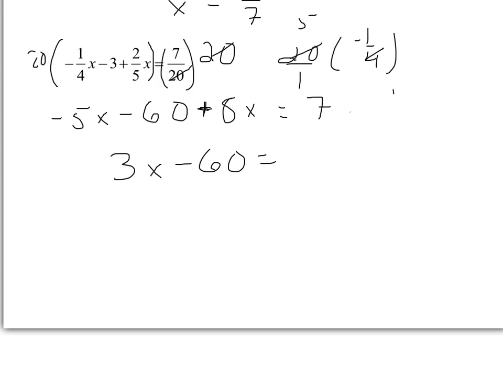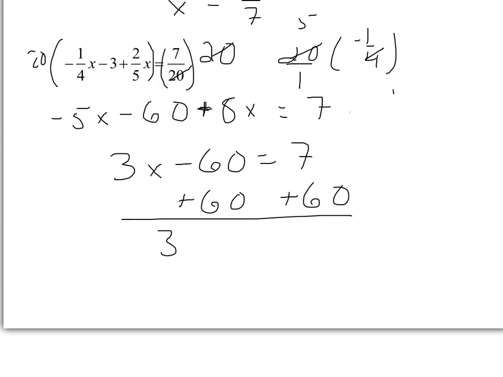Minus 60 equals 7. I'm going to add 60 to each side. And get 3x equals 67. Divide by 3, divide by 3. 3 doesn't go into 67 evenly, so I'm just going to leave it as 67/3.